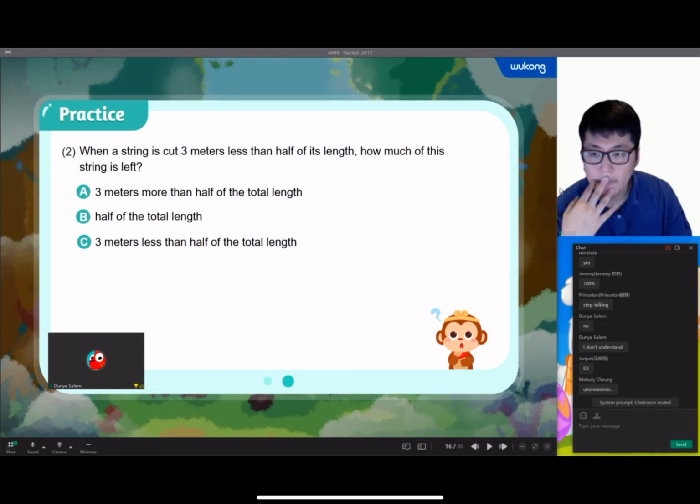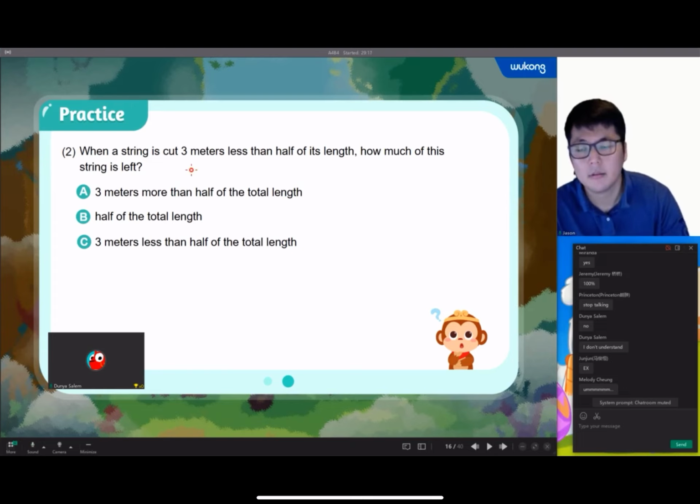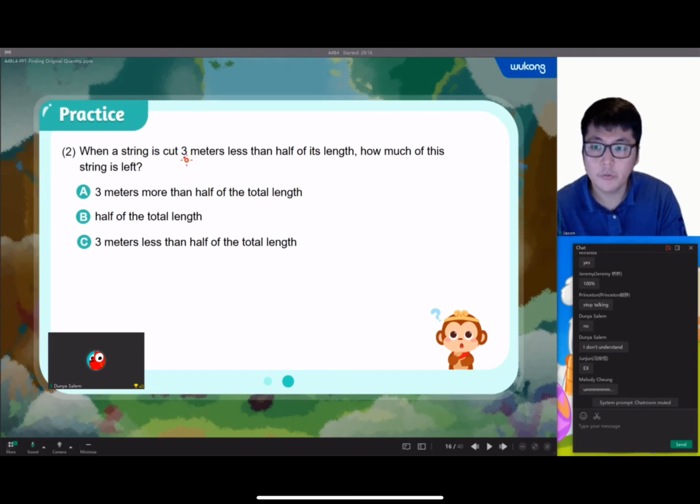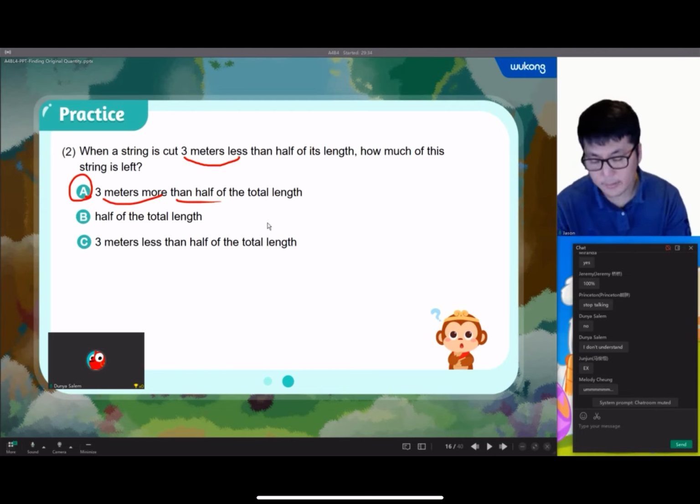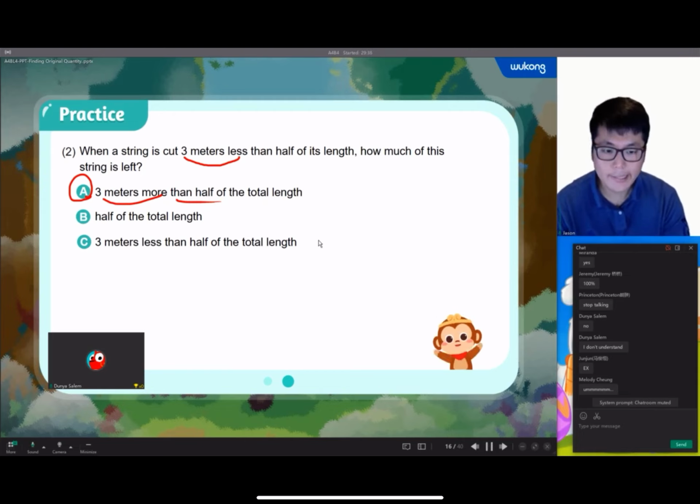B. B? I told you, what's the opposite of 3 meters less? More. Yeah. Are you sure it's B? A. Yes. The opposite is 3 meters more than half. So that's why it's A.